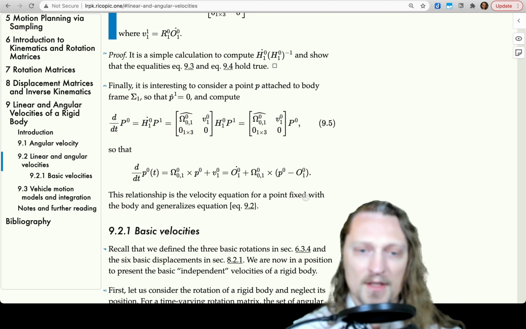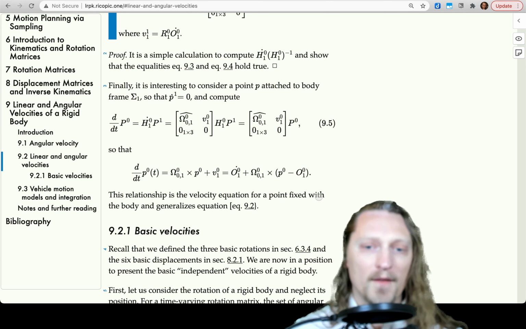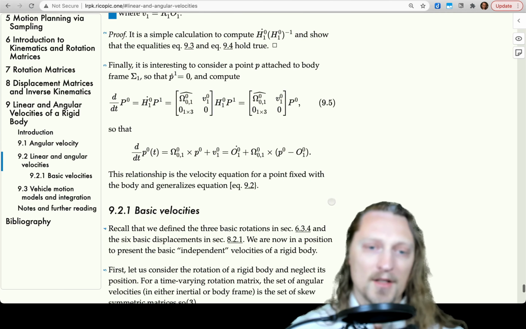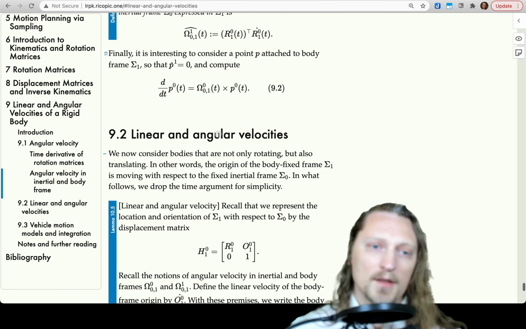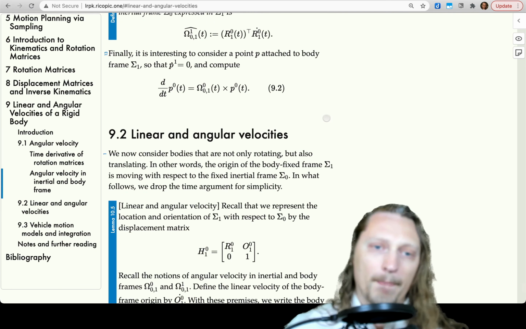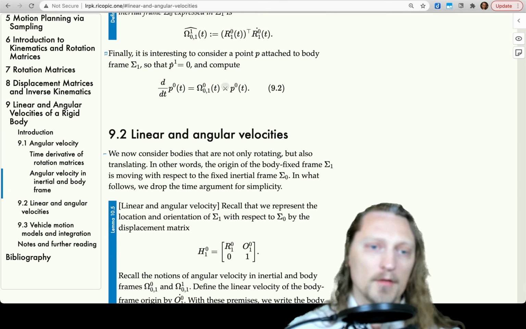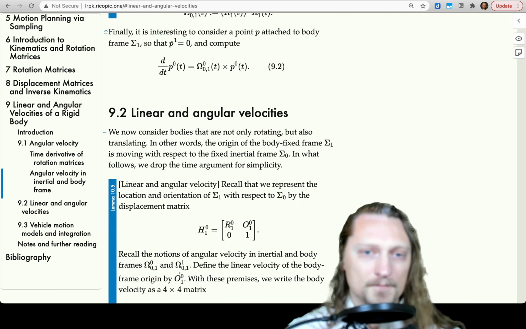This relationship is the velocity equation for a point fixed with the body and generalizes equation 9.2, which was at the end of the previous section, where we find the time derivative of p0.